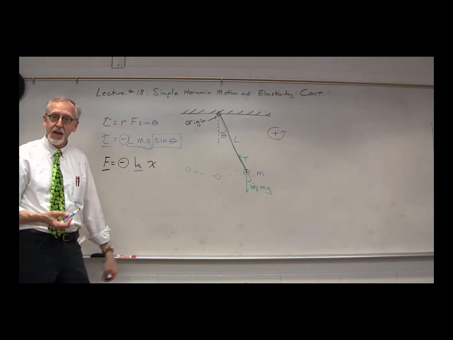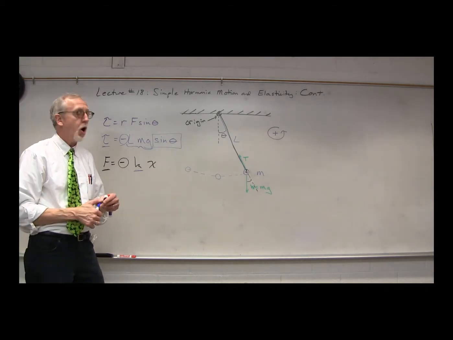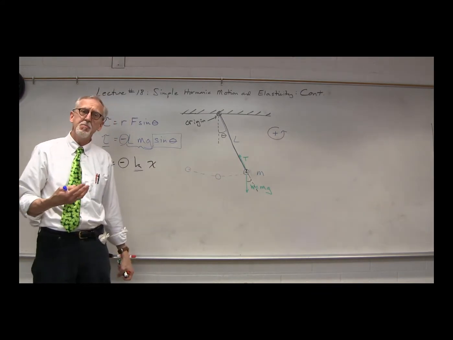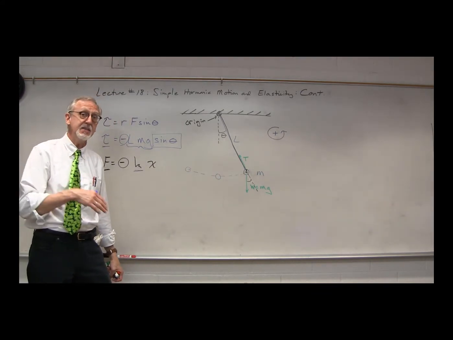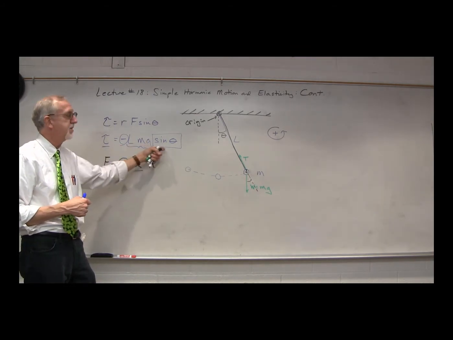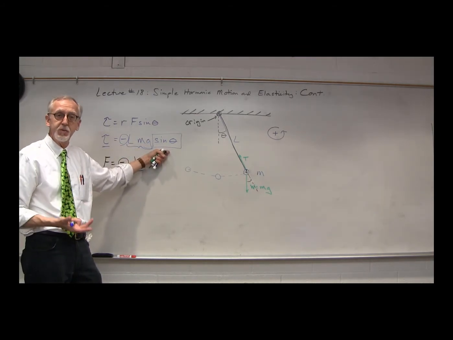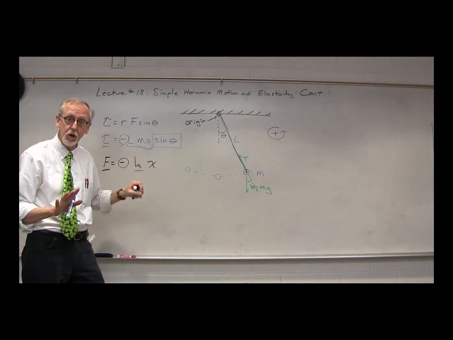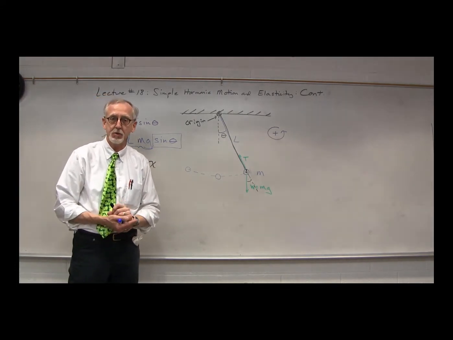We do not have simple harmonic motion. Although the mass on the pendulum might appear to be simple harmonic, it isn't. And the reason is right here, because this restoring torque is not proportional to the displacement, but it's proportional to the sine of the displacement. So, we do not have simple harmonic motion.